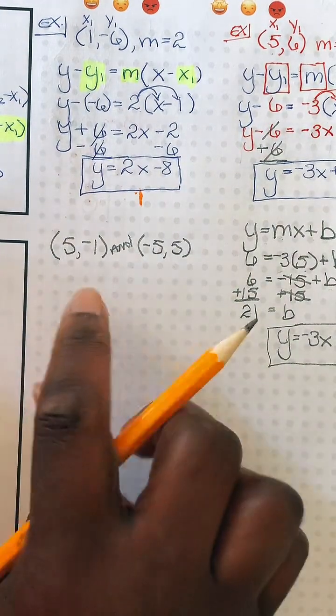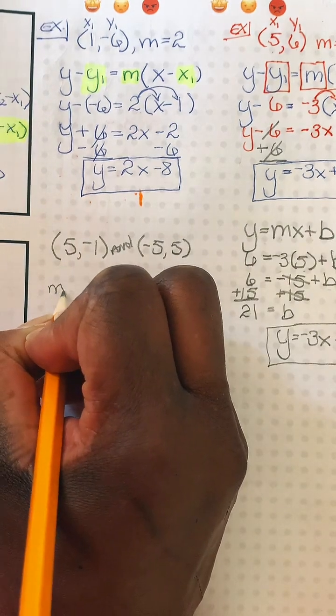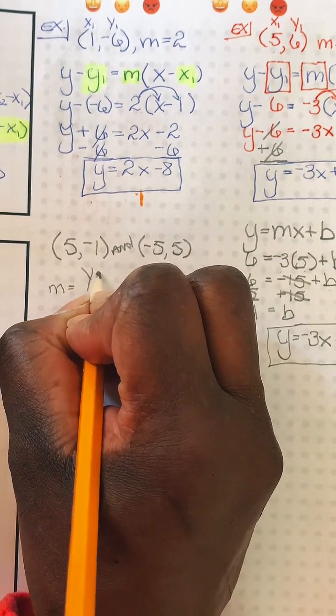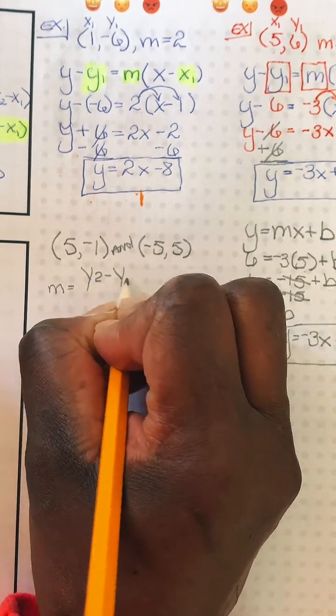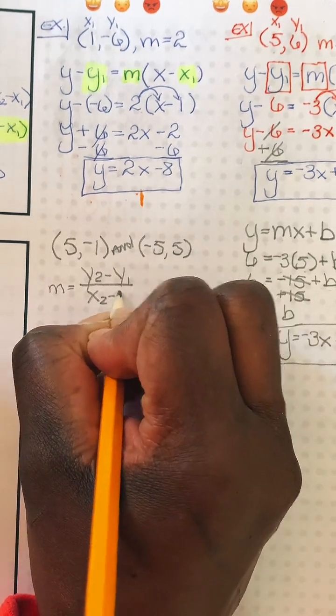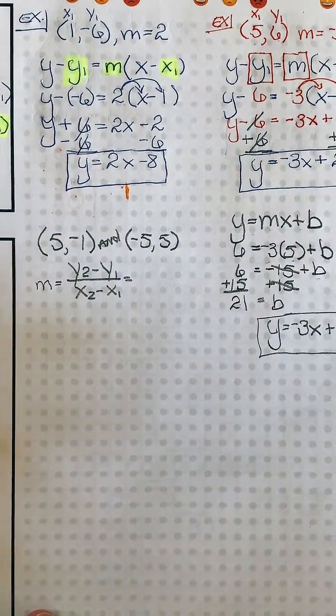Okay. So anytime they give you 2 points, we need, and I think a couple of people were just touching on it, we need to have, I think you guys like to do the y2 minus y1. And I will do that for you. The x sub 2 minus x sub 1. All right.